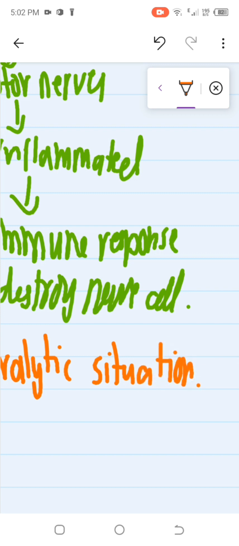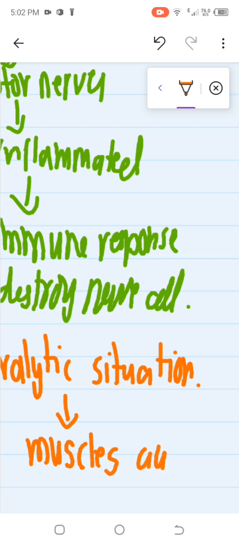This paralytic situation is also known as muscle atrophy.